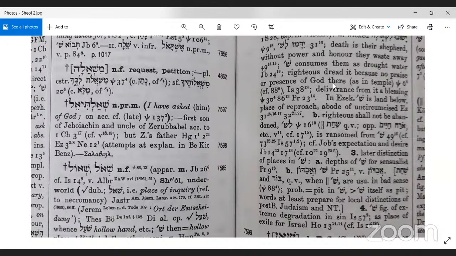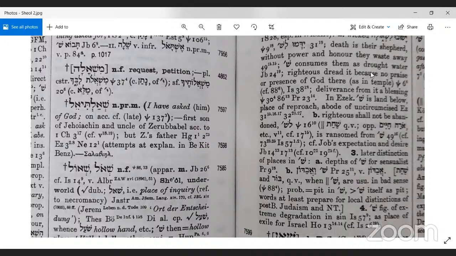They waste away. I think they're focusing people's attention on what will scare them. See, look, consumes them as drought water. Righteous dreaded because no praise or presence of the Most High there, as in the temple.